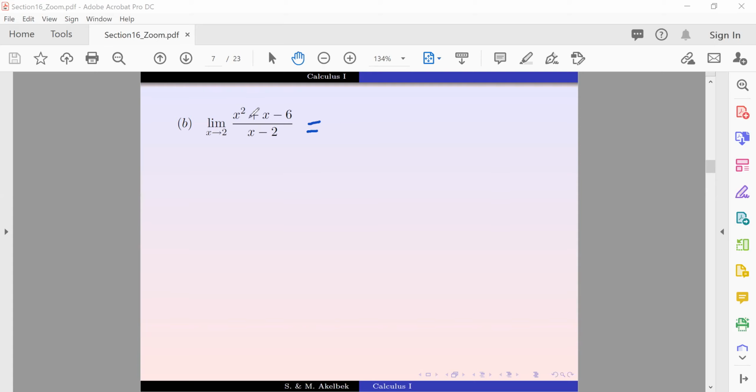I'm substituting 2, so I have 2 squared plus 2 minus 6 over 2 minus 2. So we have 4 plus 2 is 6, 6 minus 6, 0 over 0. So this is the case where I have 0 over 0. That means we need to do something, reduce or change the form.